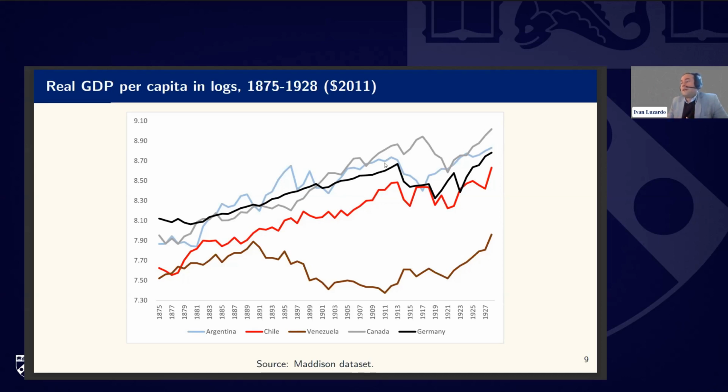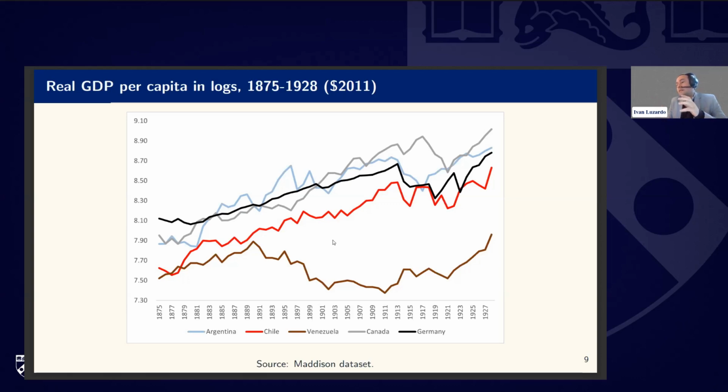in their growth path. Something happened in the case of Venezuela: Venezuela diverged. We do not have the complete answer about why Venezuela didn't follow Argentina and Chile, but something to consider, and we will see that later, is the integration into global capital markets.